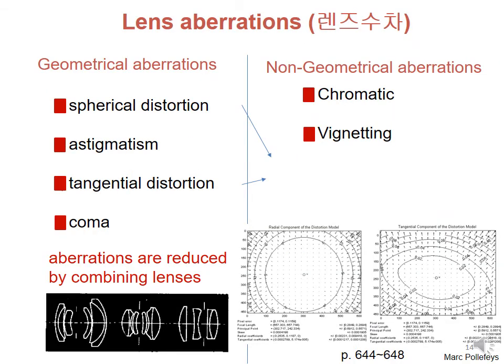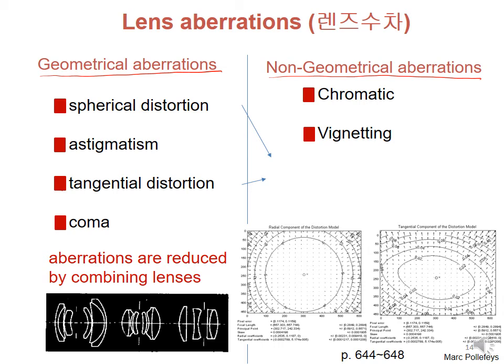In order to compute accurate image with computer vision, the camera system should be calibrated. That means it is necessary to correct the lens aberration. Lens aberration can be divided into geometrical aberration and non-geometrical aberration.